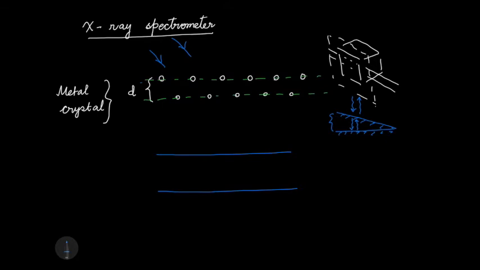In principle it can go to many other planes behind this also, but the reflection from the successive planes is minimal, so we don't need to consider them that much.